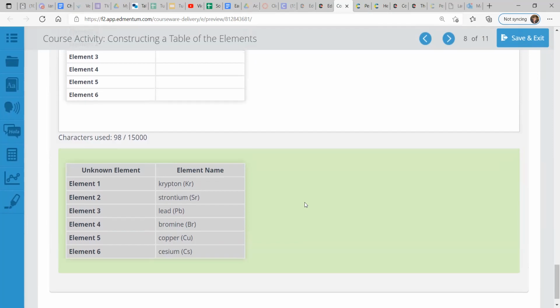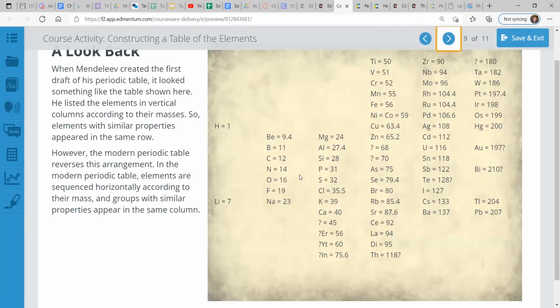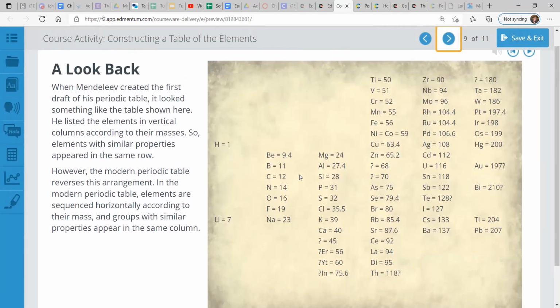So this whole activity is practice looking at that periodic table, thinking systematically about the way things are arranged. And we're going to look back real quick before we end this activity at what Mendeleev created. This was like his first draft of the periodic table. He listed the elements in vertical columns according to their masses, and elements with similar properties appeared in the same row.